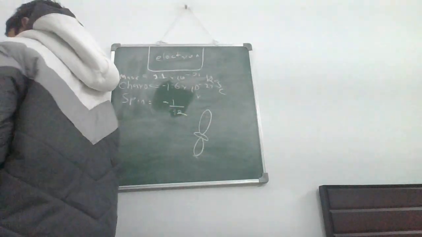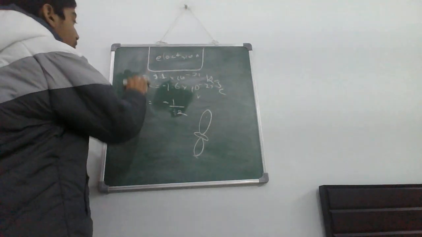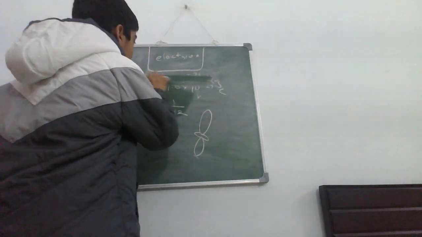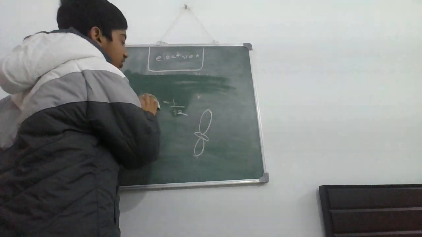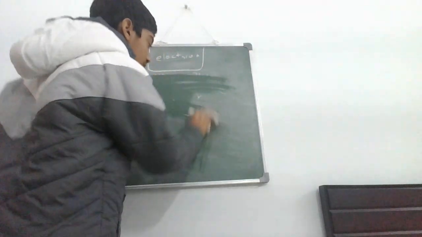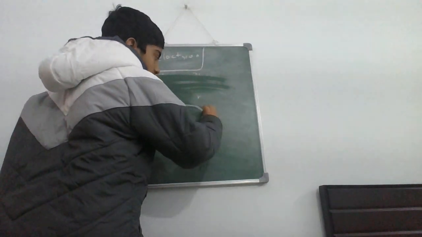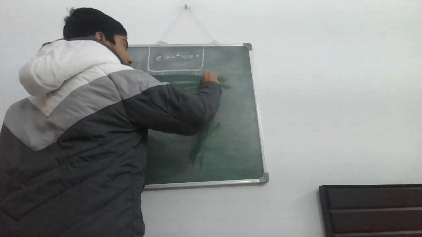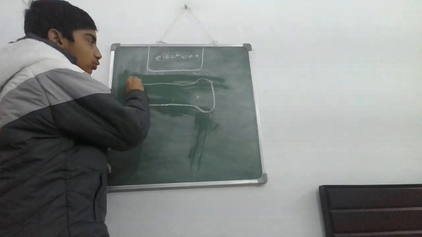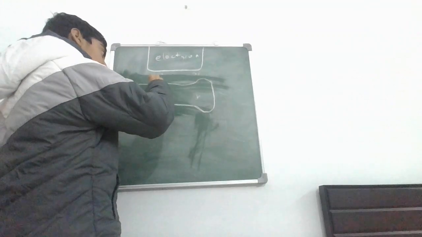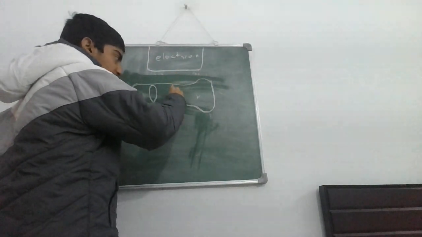Okay. So now we will talk about how J.J. Thomson discovered the electron. So we all know that J.J. Thomson discovered the electron, but how? So what he did is, first he took a cathode ray tube with two metal plates.